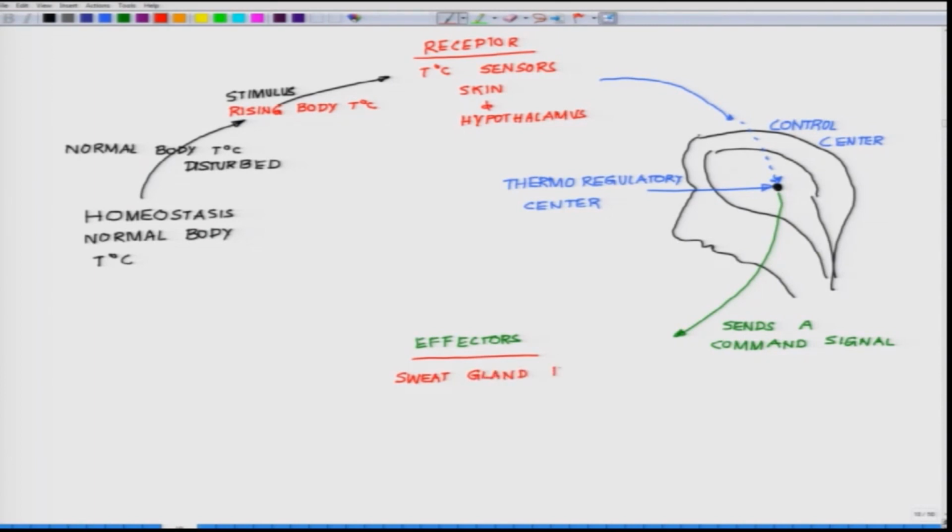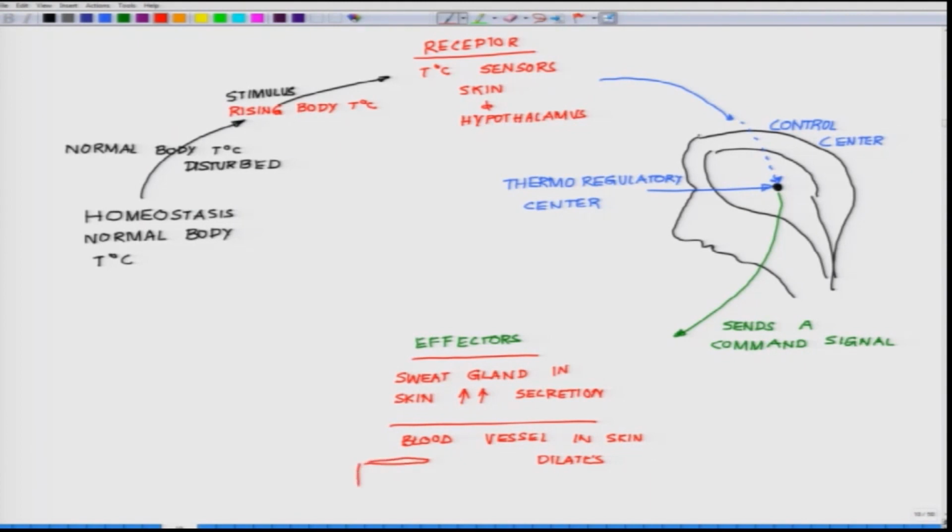the sweat glands in skin, which increase the secretion of sweat, that is why you sweat a lot. And the second thing that happens is the blood vessels in skin dilate.